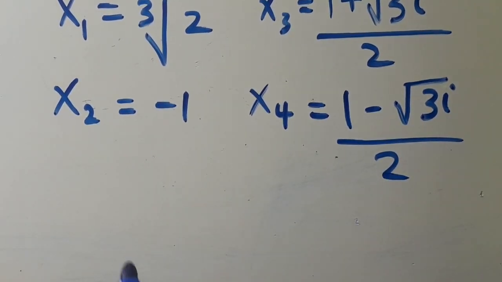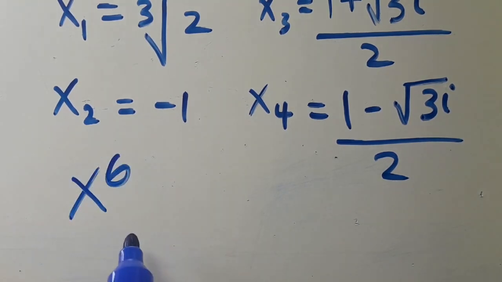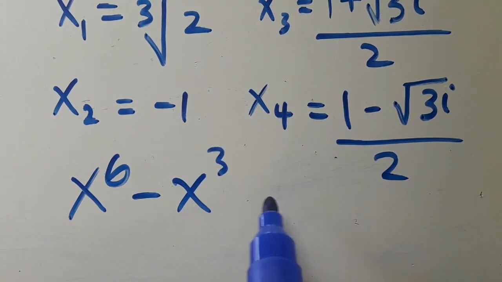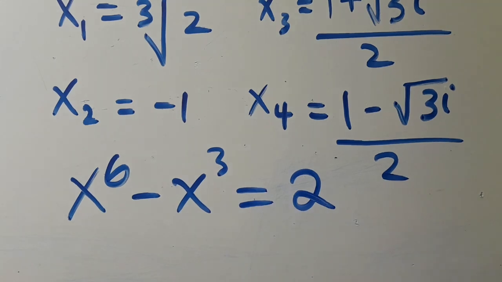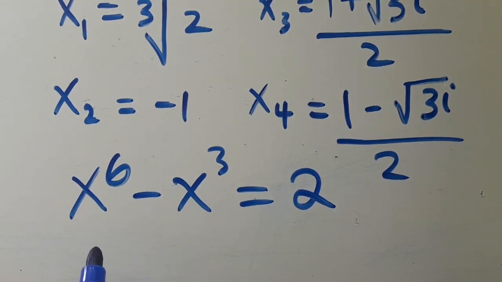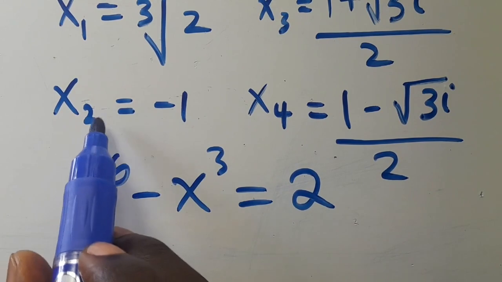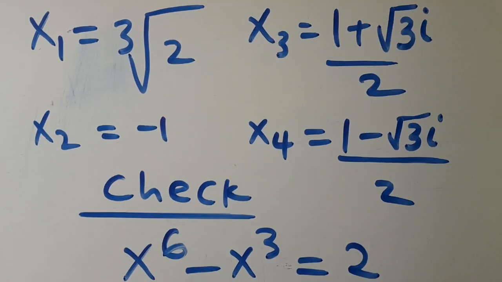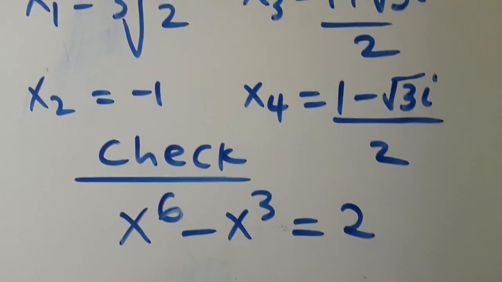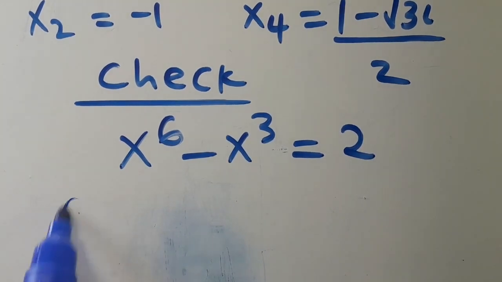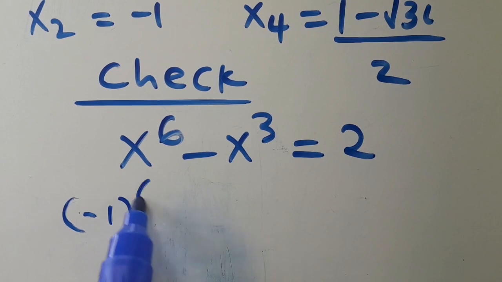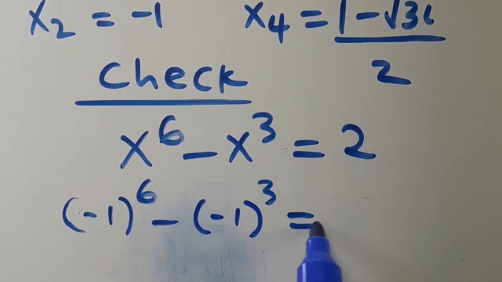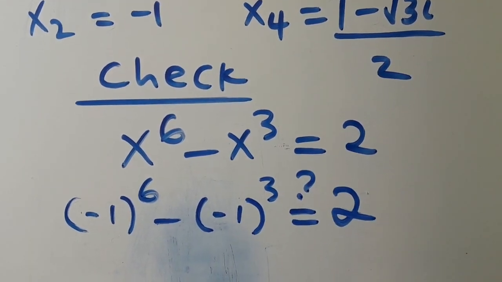But recall that we have x to the power of 6 minus x to the power of 3 equals 2. Now, let us see if when x equals minus 1, whether we're going to have this. So, when x equals minus 1, we have minus 1 all in bracket to the power of 6, minus minus 1 in bracket to the power of 3, then is it going to give us 2?